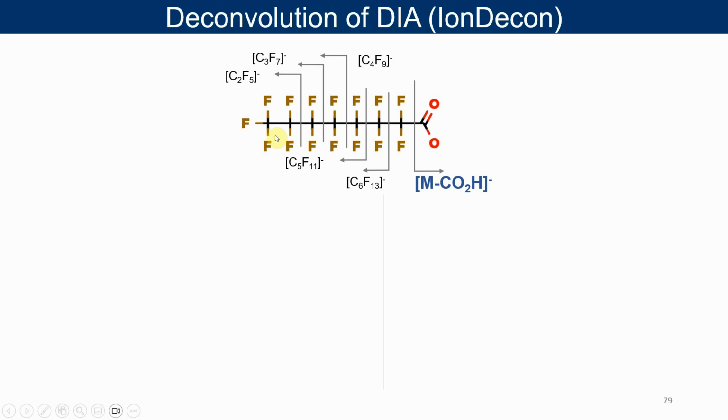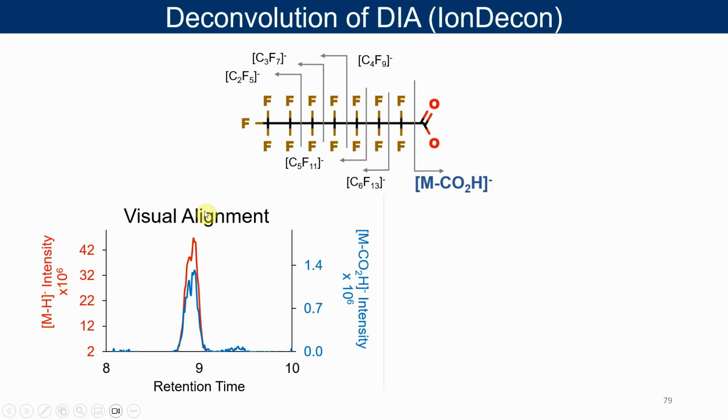The way we do this, and this is an example for PFAS but works the same for all other molecules, is we're going to take a fragment, let's say a neutral loss of the carboxylic acid, or one of the carbon-fluorine chains. Here's the neutral loss of the carboxylic acid, and you can see that it correlates with this red EIC, which is the precursor. And this is what you'd expect, right?